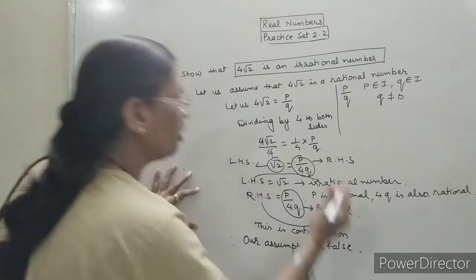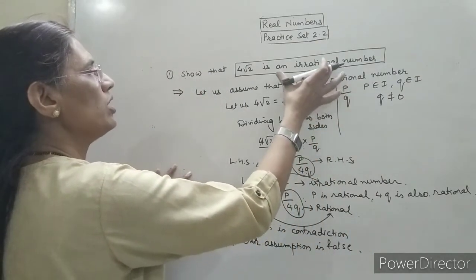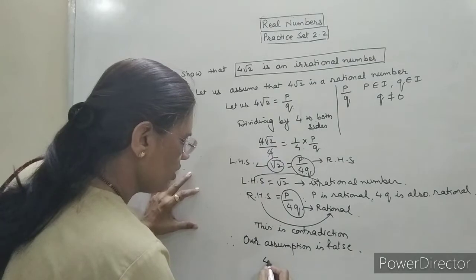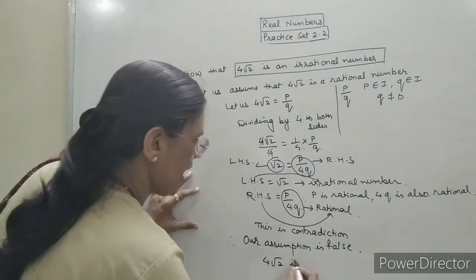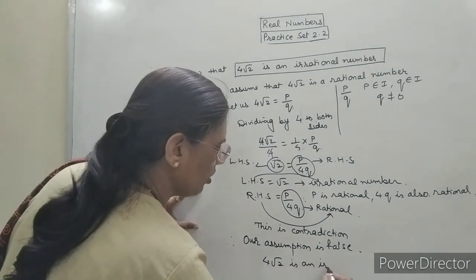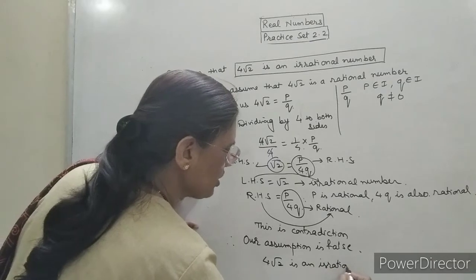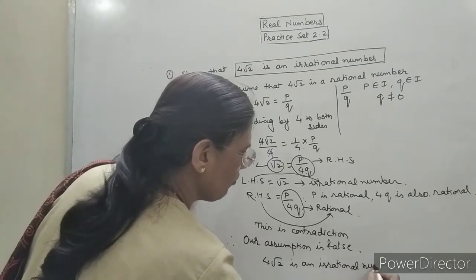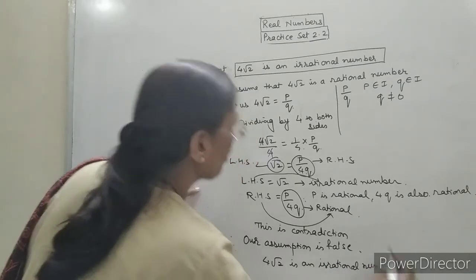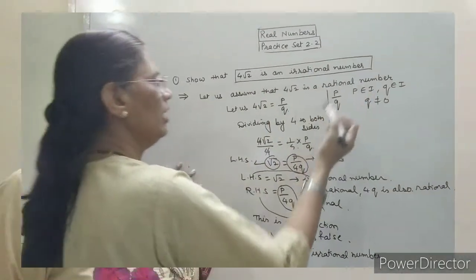If the assumption is false, then what is true? 4 square root 2 is an irrational number. So in this way, by using the indirect method, we can prove that 4 square root 2 is an irrational number.